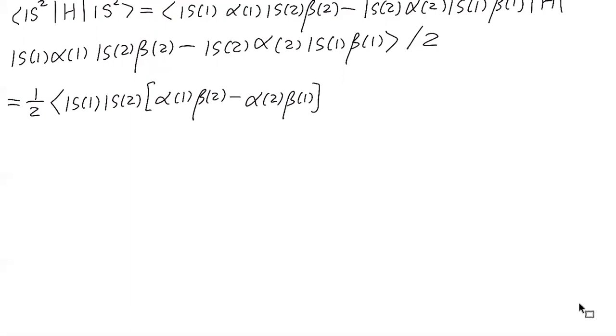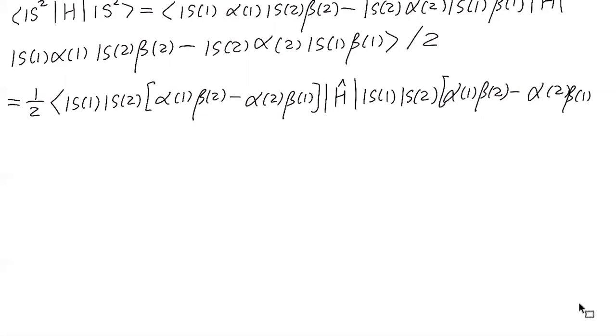So you can group the spin function together and the spatial function together, right? H, 1s1, 1s2, alpha 1, beta 2, minus alpha 2, beta 1.